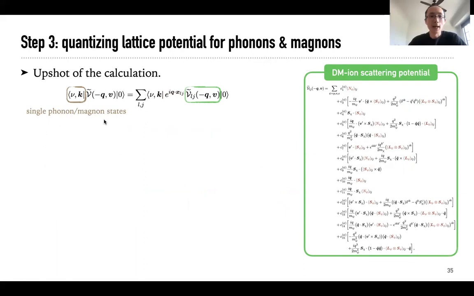All right, so we want to compute the matrix element between the ground state, which we assume the system is prepared in, and a single phonon or magnon state, which is labeled by a branch nu and the momentum k. Once we plug in the expression for the total scattering potential as a sum over the ions, we see that this quantity that we just computed in the previous step will enter this equation.